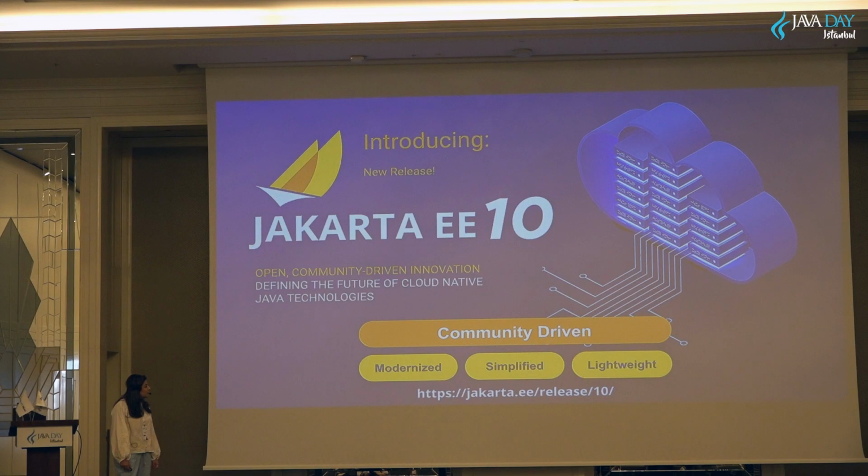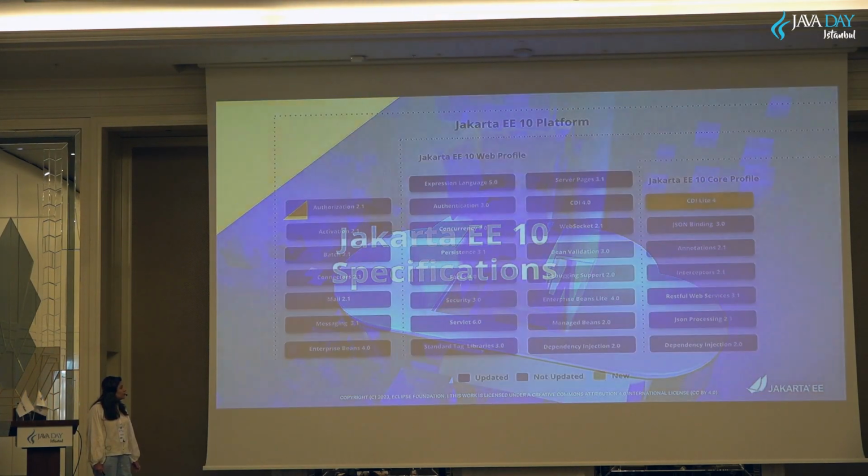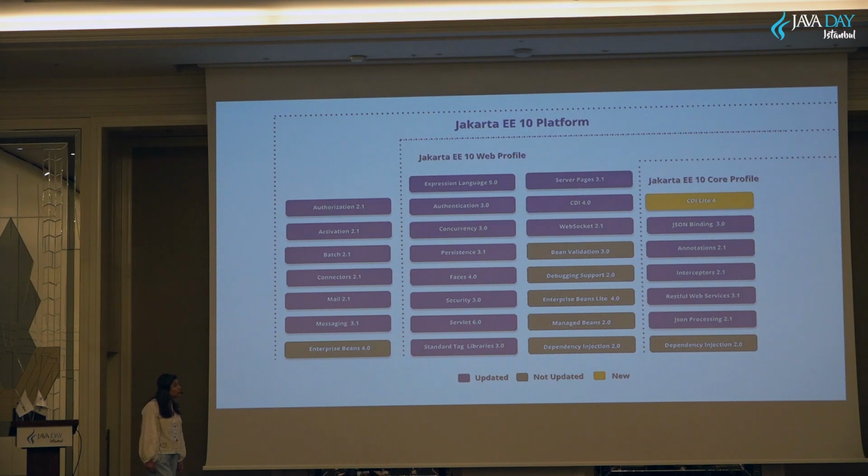So Jakarta EE 10 is modernized, simplified, and lightweight. These are the key themes for Jakarta EE 10. And what we really are excited about is a new profile called Core Profile. Since Java EE, we never had a new profile being added to the specifications, but now we have a new Core Profile, which is basically targeting smaller runtimes and is a subset of Web Profile, and that is also a subset of Platform, which might not be the case in the future, but as of now, that is the case.